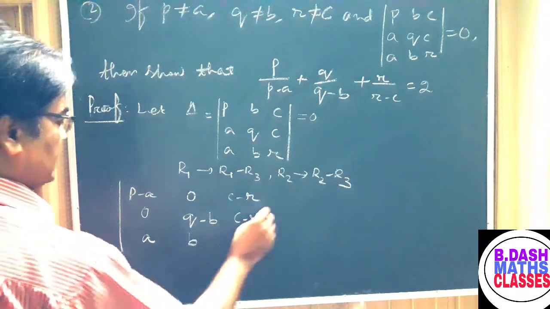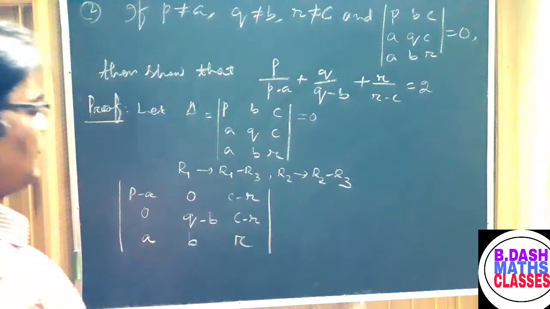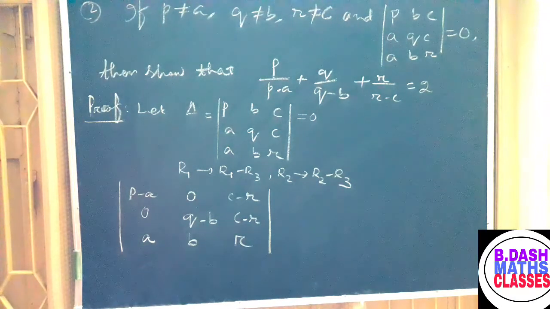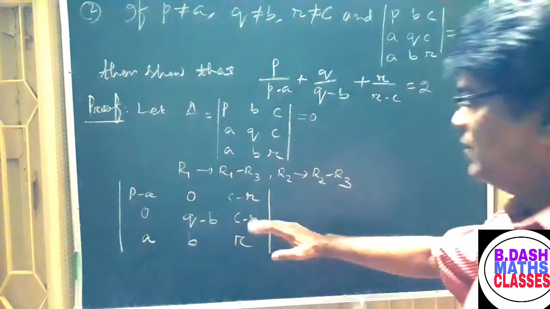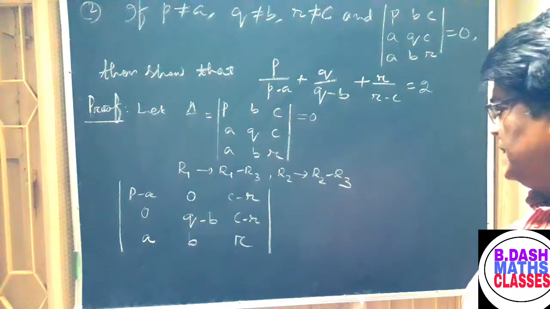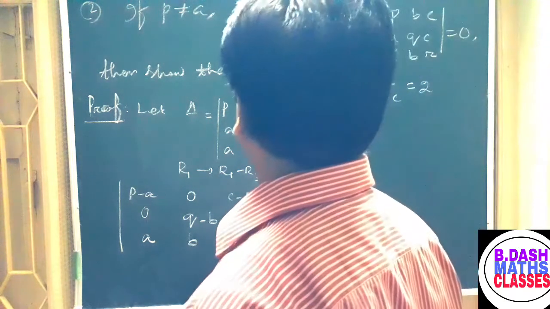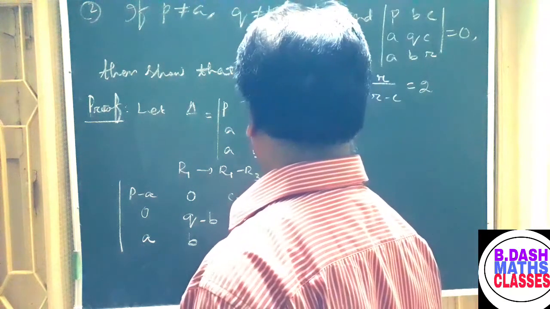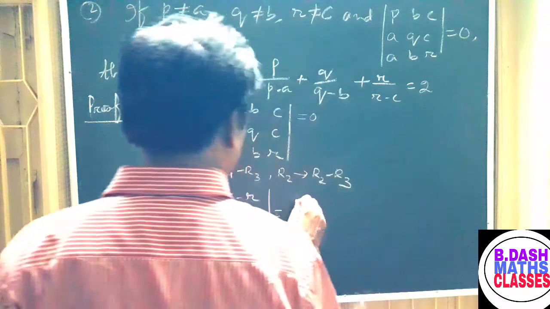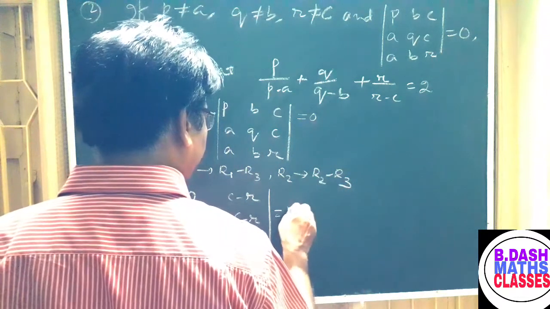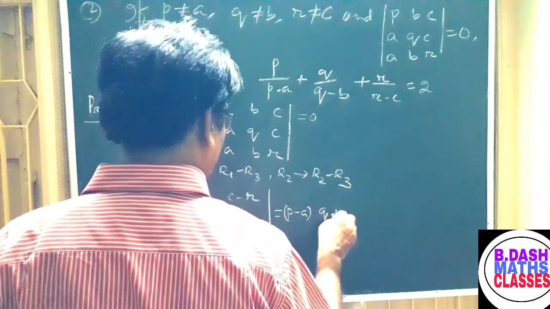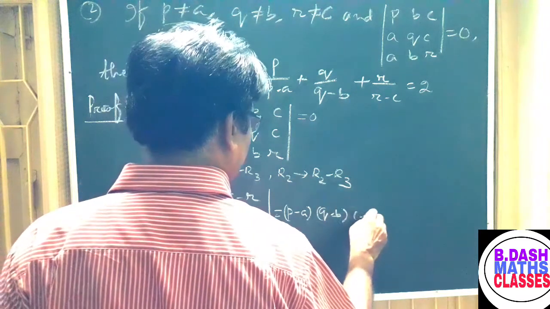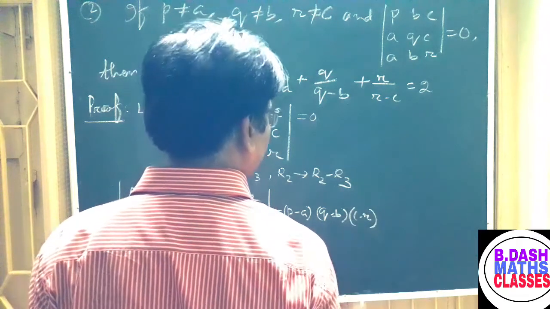So we get this determinant after applying R1 replaced by R1 minus R3 and R2 replaced by R2 minus R3. From this determinant we can take common from the first column p minus a, from the second column q minus b, and from the third column c minus r.